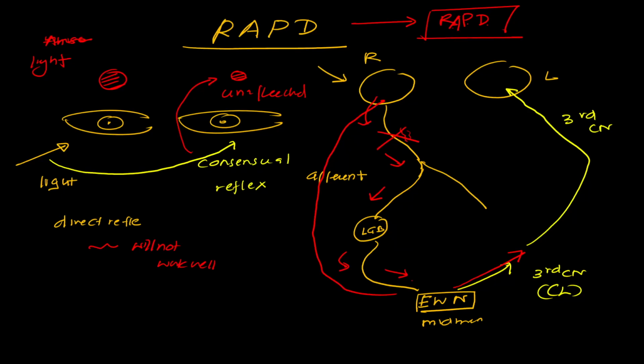It happens because there are a few fibers which will always conduct, but it is not enough. Therefore, you would see better constriction in the contralateral eye, or the consensual reflex is better than the direct reflex. So there is a difference between the two pupils. Hence, you call it a relative afferent pupillary defect.